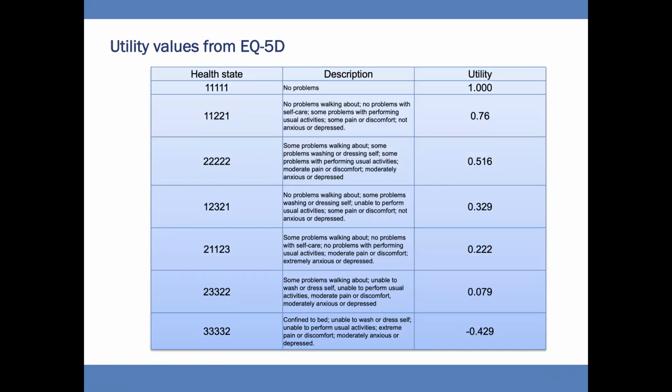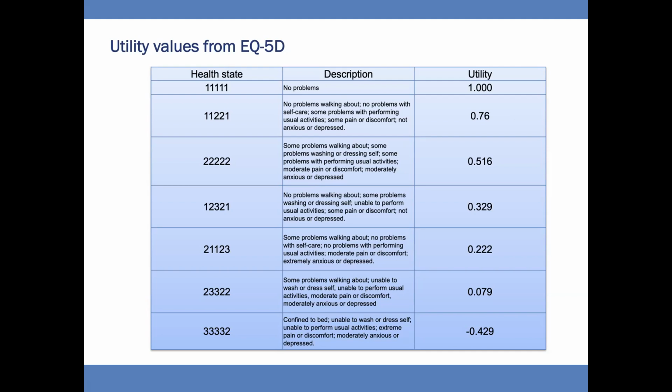Then the trick is that this survey, the EQ5D, comes with an algorithm. It can convert any answer into a utility score, a value that indicates the quality of life for that patient. Suppose this patient says 1, 1, 2, 2, 1, then the algorithm says his quality of life is 0.76.